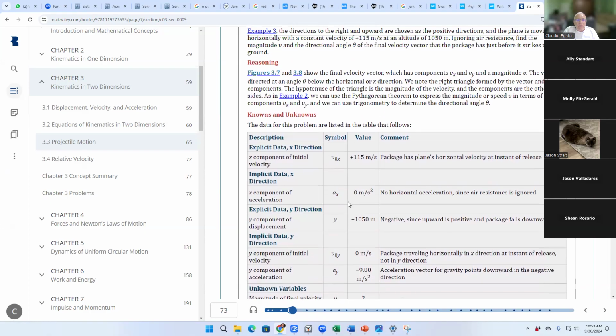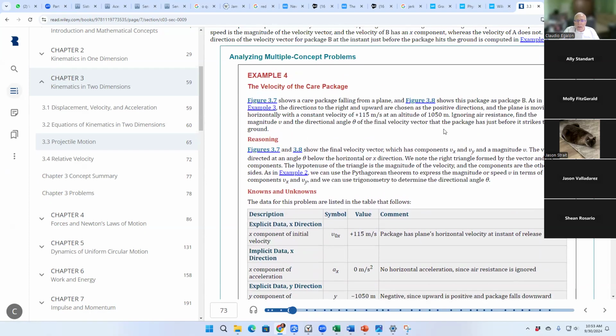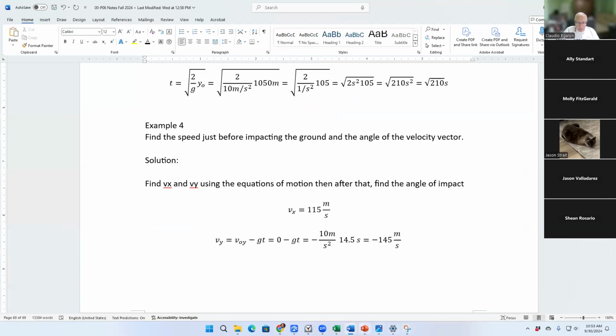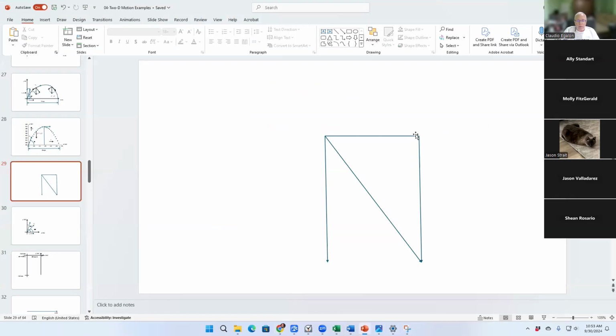Okay, but what is he asking? Find the magnitude of v and the directional angle theta. Okay, the magnitude of v is going to be 115 square plus 145 square, and the square root of that, right? So let's write it down.